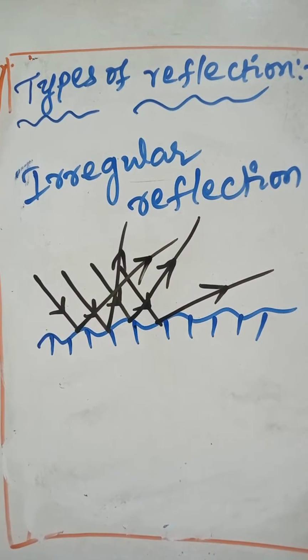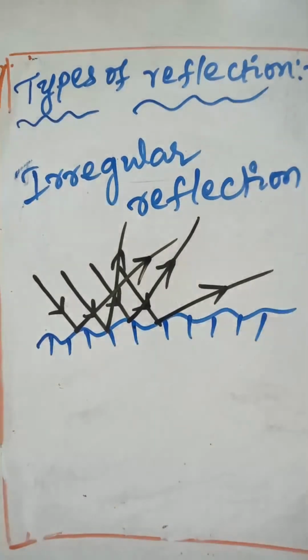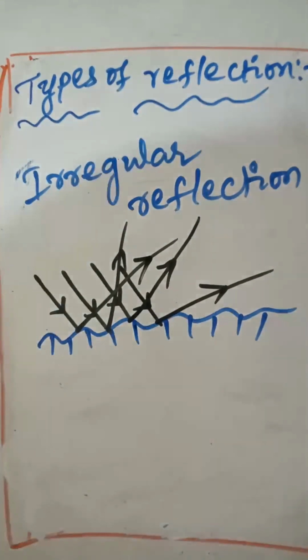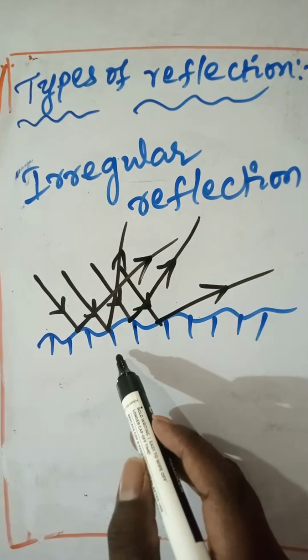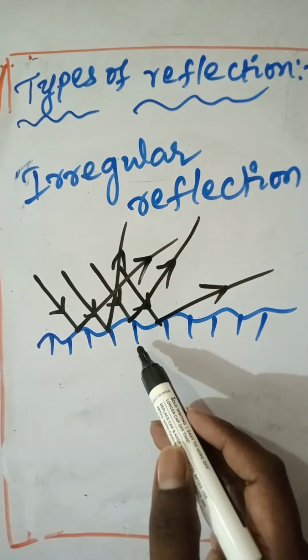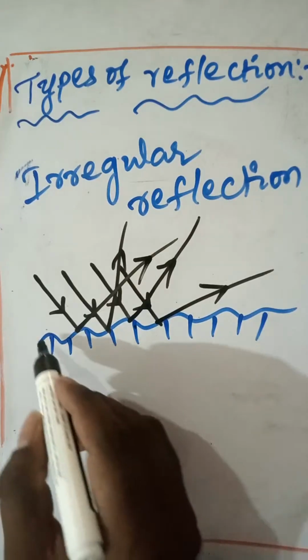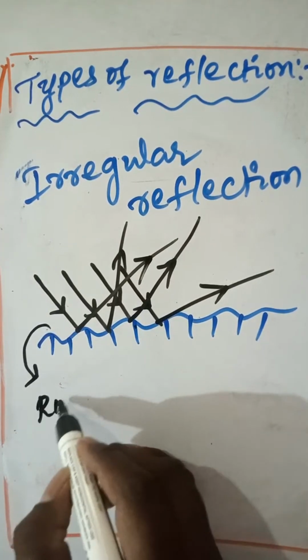So check once. Clear? So this is a rough surface.